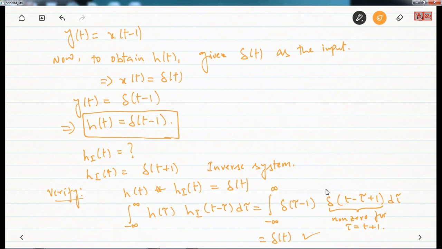Say we are given a system with its impulse response as h of t. We have to find an impulse response hi of t, which when convolved with h of t results in delta of t, right? So this is how we find inverse systems and test whether a system is invertible or not.